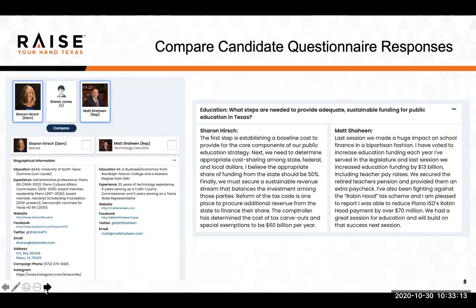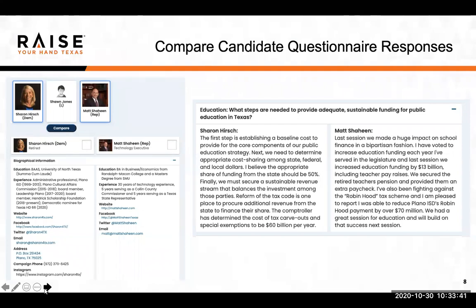Their education, work experience, their candidate website, some social media presence, and the ability to reach out by email or phone or mail if you so wish. So that's some helpful information. You'll want to make note of that because we're going to go check out some of the social media sites next.